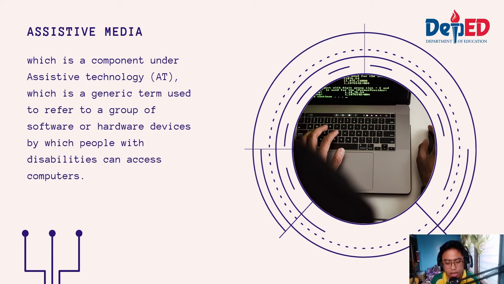Let's say we also have for the blind. In the past, we had Braille books. Now, there are Braille devices wherein technology is being integrated. Okay. Another, for those who have lost their hands. For example, a soldier who went into war and has a severed hand.